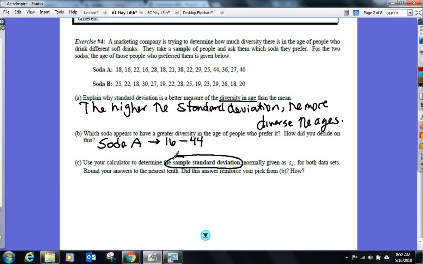Remember, we're doing sample here, sample standard deviation, specifically as sample. So make sure you're looking at the sample one, not the population.